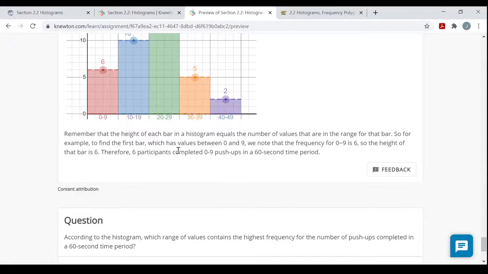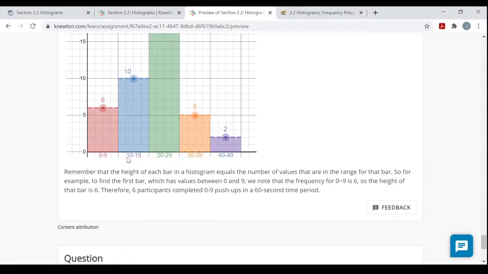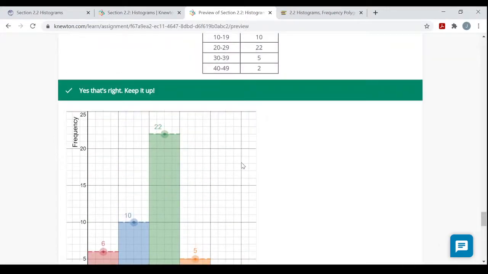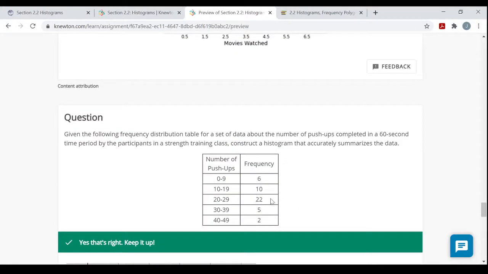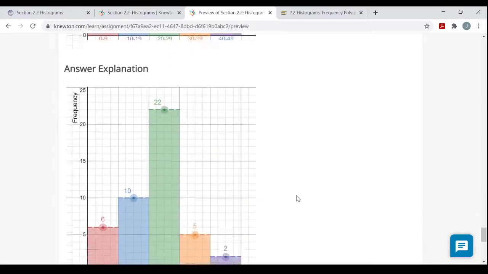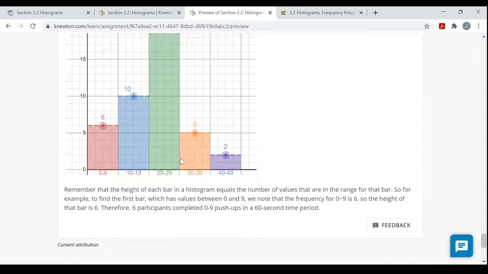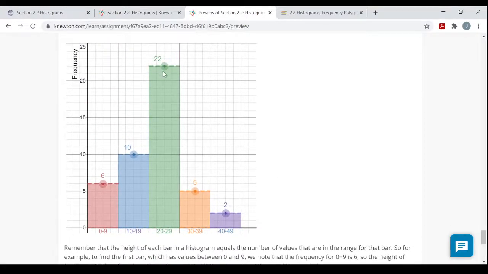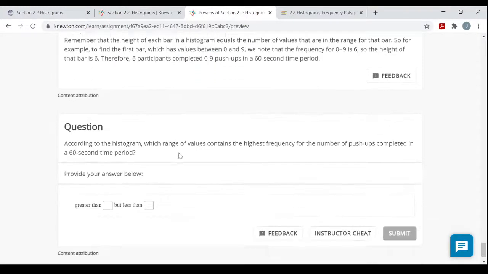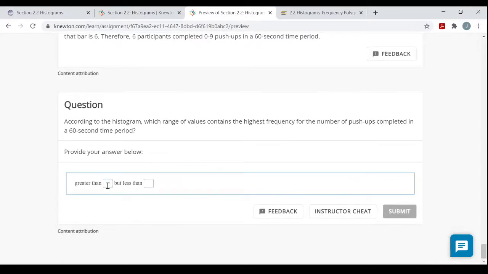You can see here the third class there, 22. So that's 20 to 29 push-ups had the greatest number of people doing it. Now you've got to be careful here. Look at the wording. Greater than blah, but less than blah.